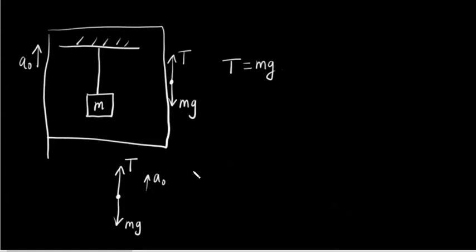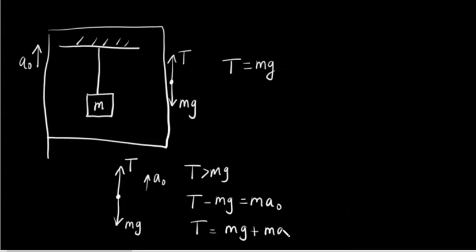That means T must be greater than mg, and the equation should be T minus mg is equal to ma0. So T is equal to mg plus ma0. So this is the tension force in this case.